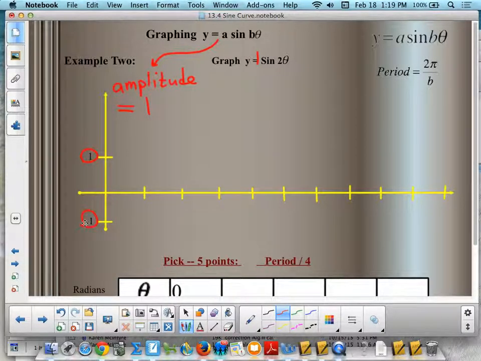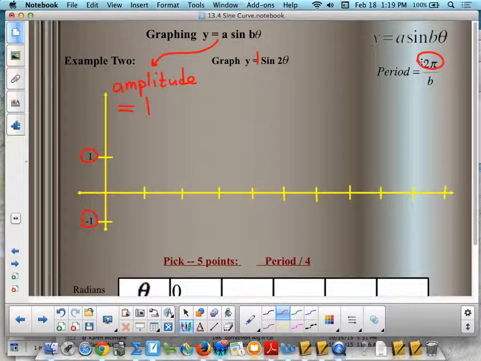Now, here is today's problem. What happens today is the B value starts to change. Instead of 1 theta, you have 2 theta. Watch what happens. To get the new period, you have to do this. The old period, if it's just sine of theta, is always going to be 2 pi.